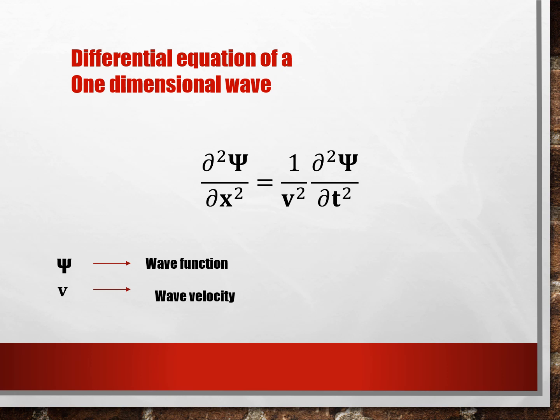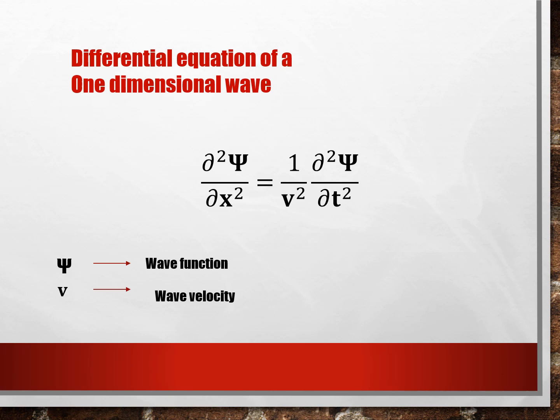Now one more thing that I want to add here is that we have used two second order partial differential operators, ∂²/∂x² on the left hand side and ∂²/∂t² on the right hand side. So my question is, why didn't we use d²/dx² in place of ∂²/∂x², and also why didn't we use d²/dt² in place of ∂²/∂t²?